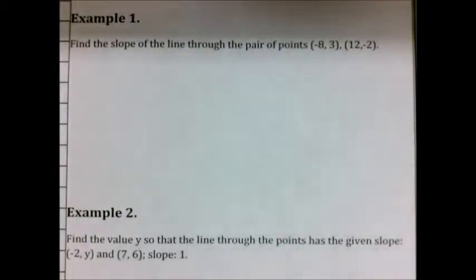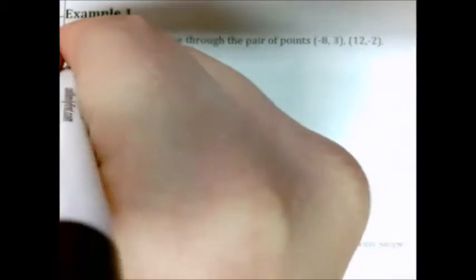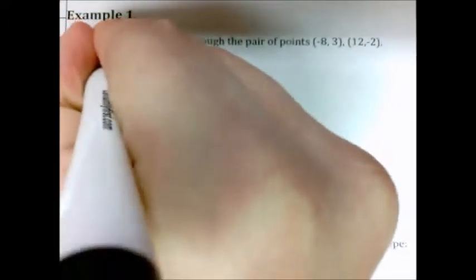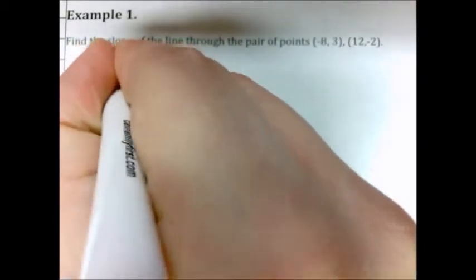The first example says to find the slope of the line through the pair of points negative 8, 3 and 12, negative 2. So we're using our slope formula, and I'm just going to rewrite this real quick. Remember, our slope formula is m equals y2 minus y1 divided by x2 minus x1.